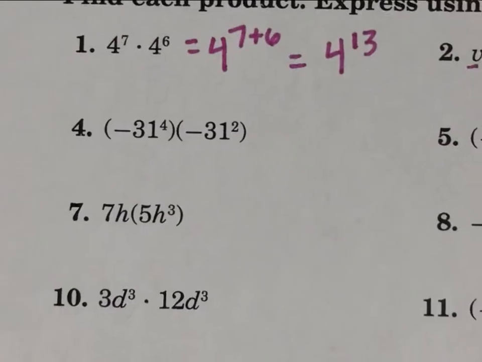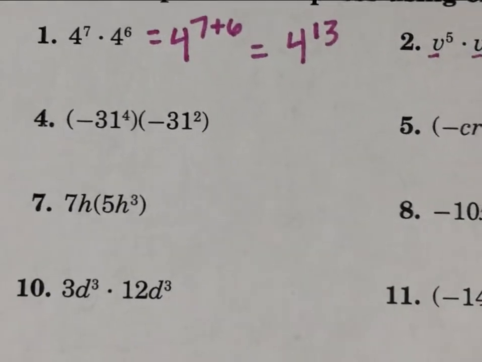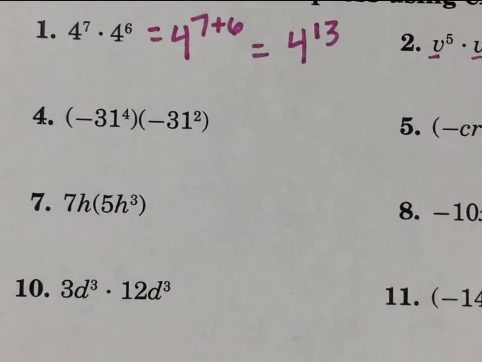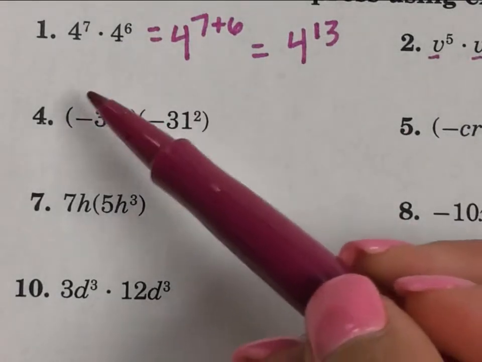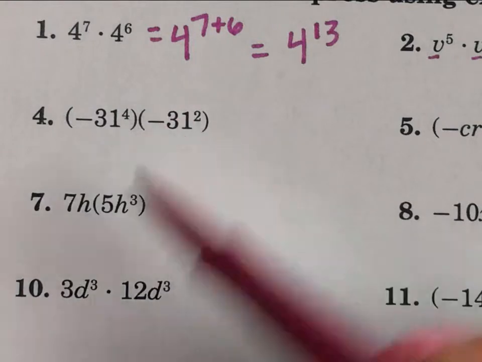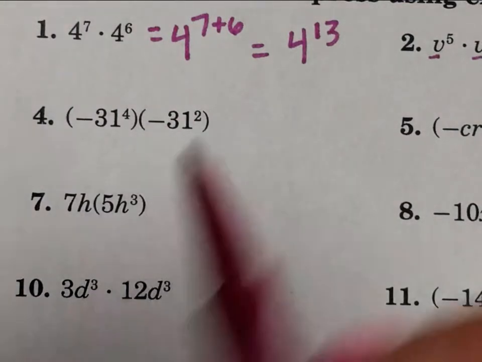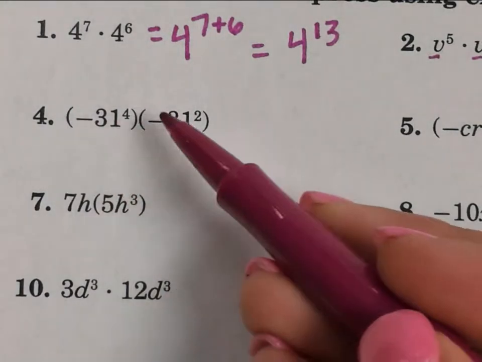Number 4, I've got a negative 31 to the 4th times negative 31 to the 2nd. Do I have a coefficient? I can though, right? I have negative 31 to the 4th. Could I say that negative is a coefficient? What would it be like if I said negative 1 times negative 1?